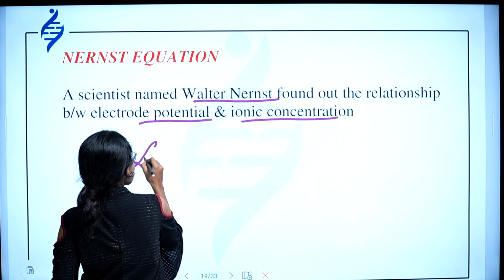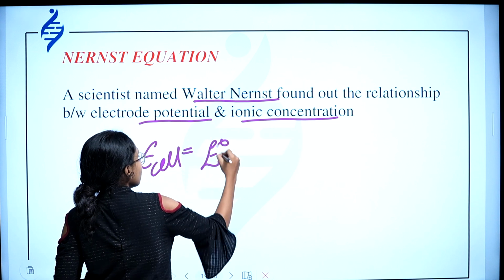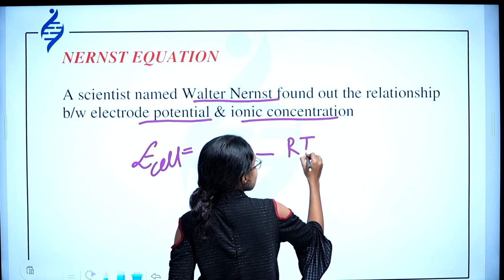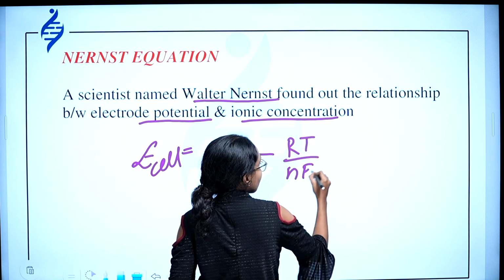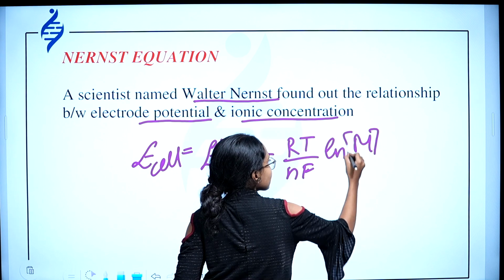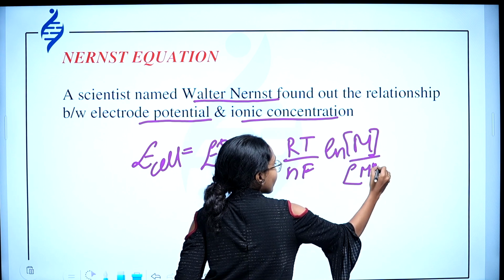The relationship is E cell equals E naught cell minus RT by nF natural log of the concentration of M divided by the concentration of Mn+.